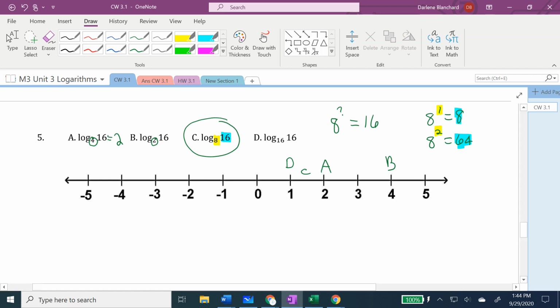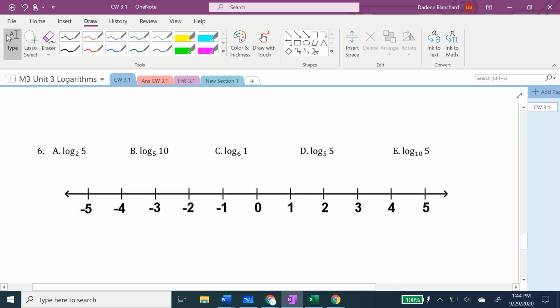Yes, so I'm going to go over number 6. That one is where it gets hard. For part A, you're looking at 2 to what power gives you 5? Well, nothing specific. So let's look at 2 to the 1, 2 squared, 2 cubed, and so on. 2 to the 1 is 2, 2 squared is 4, 2 cubed is 8.